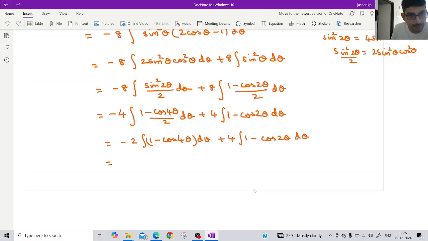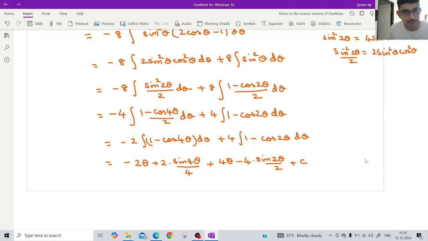Now you will be integrating term by term. So it will become minus 2 times the integral of 1, which is theta, plus 2 into the integral of cos 4 theta, which is sin 4 theta divided by 4, then the second term 4 theta minus 4 into the integral of cos 2 theta, which is sin 2 theta divided by 2, plus c.